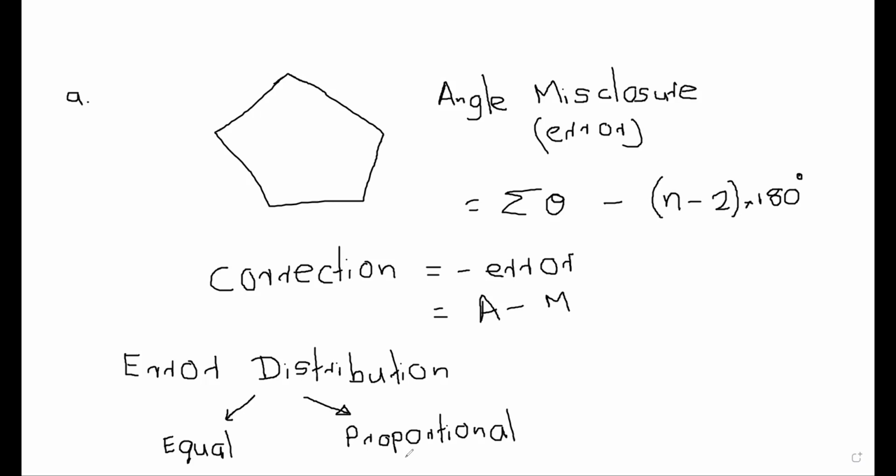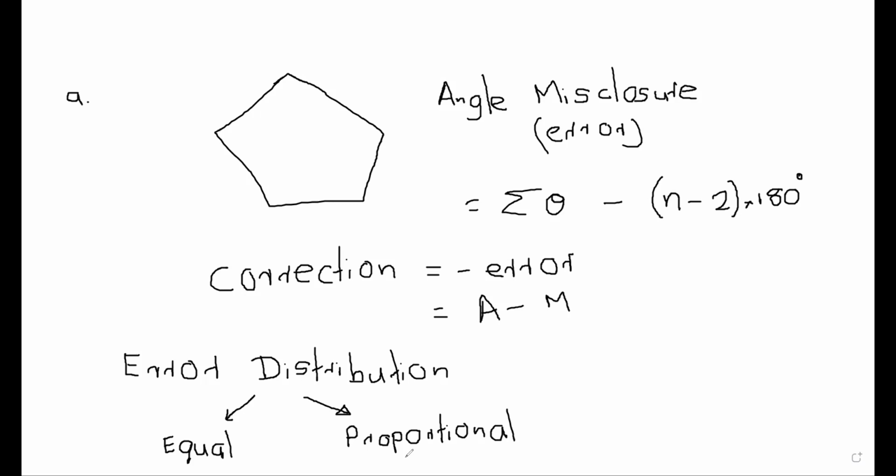Equal distribution means you don't consider the quantity, just consider the number of members and distribute them equally without considering the size of the member. Now in the proportional one, what we consider is a high portion for larger ones and a smaller portion for smaller ones.